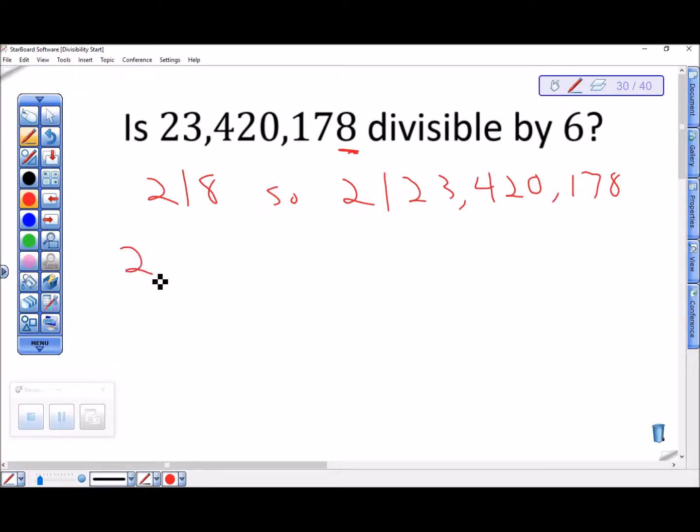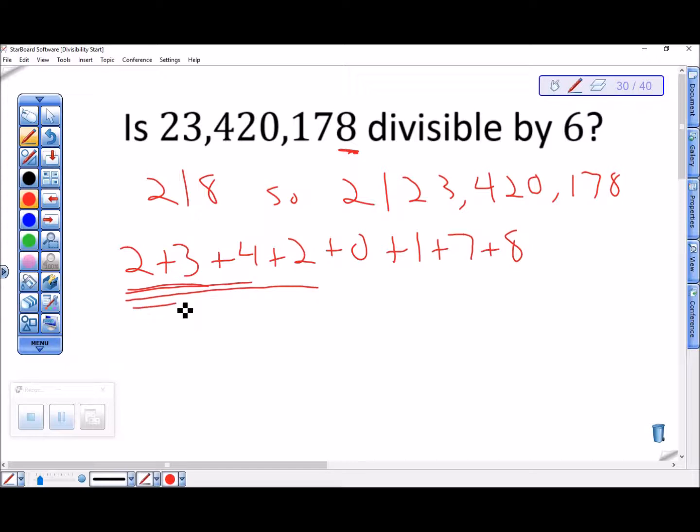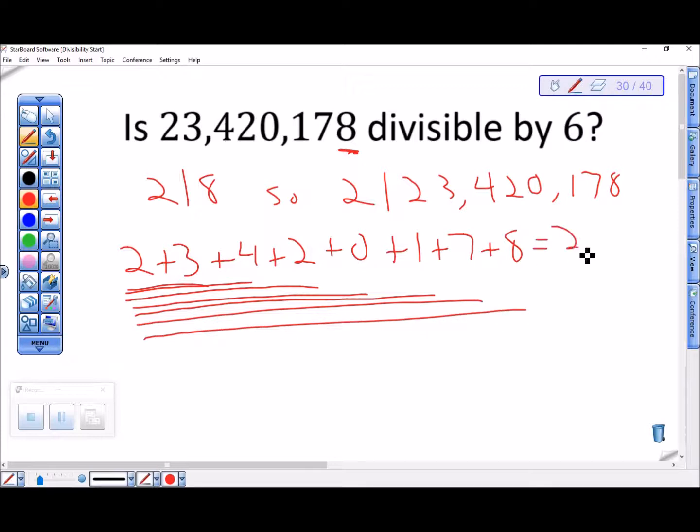To check 3, we take 2 plus 3 plus 4 plus 2 plus 0 plus 1 plus 7 plus 8. This is 5, 9, 11, 11, 12, 19, 27.